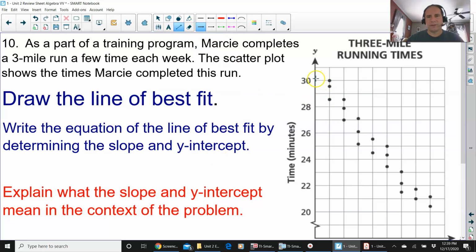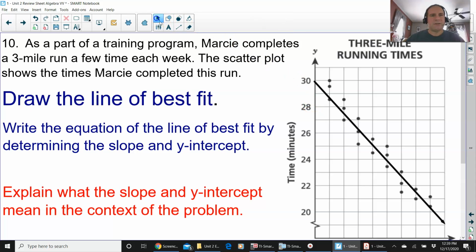So we are going to draw a line of best fit right here, going through the center as best as we can. All right, taking a look, that is good. Right there and right there.